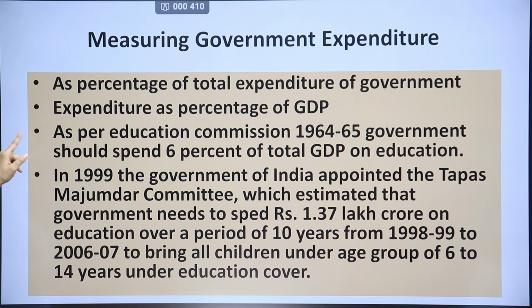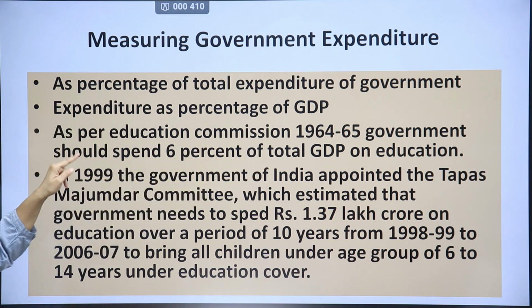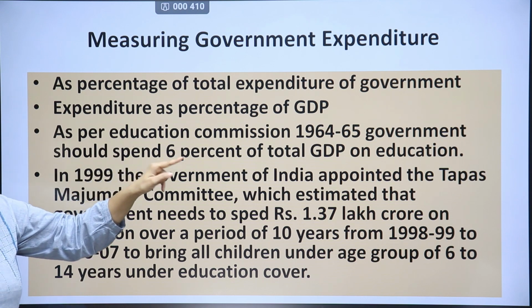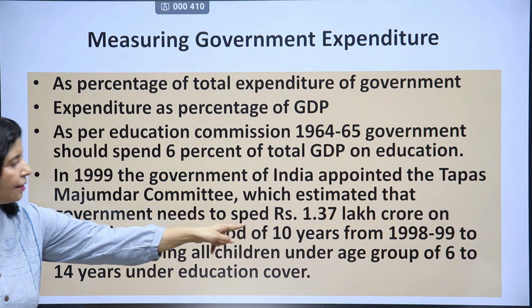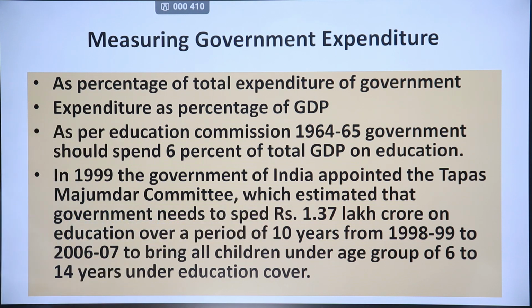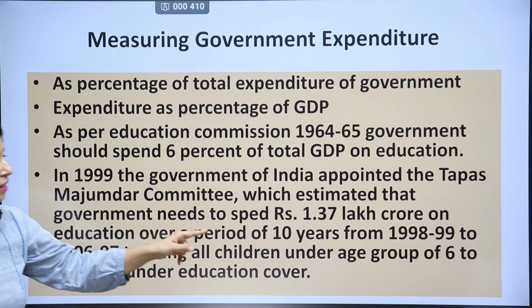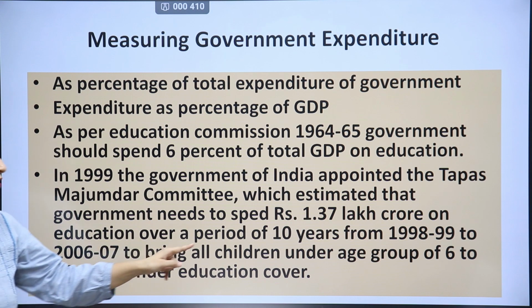Fine. Then, as per the Education Commission 1964-65, the government should spend 6% of total GDP on education. In 1999, the government of India appointed the Tapas Majumdar Committee, which estimated that the government needs to spend rupees 1.37 lakh crore on education over a period of 10 years from 1998-1999 to 2006-07 to bring all children under the age group of 6 to 14 years under education cover.